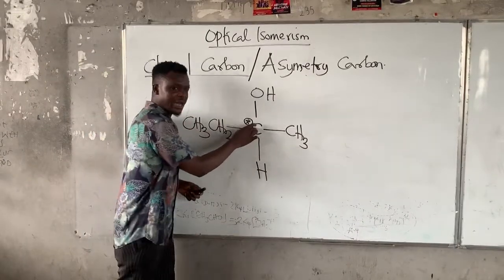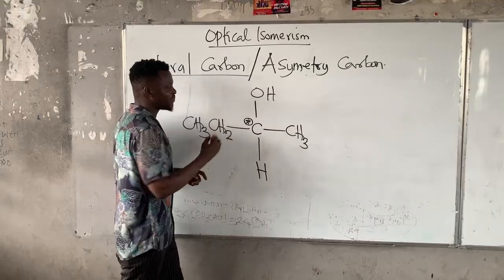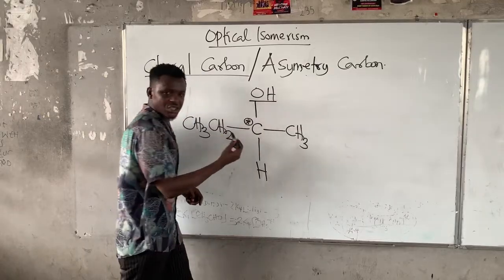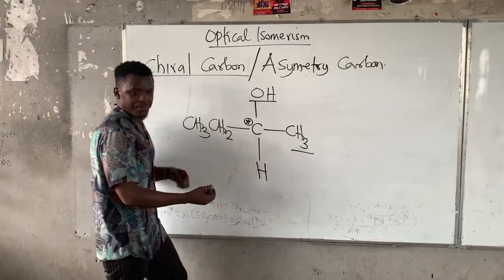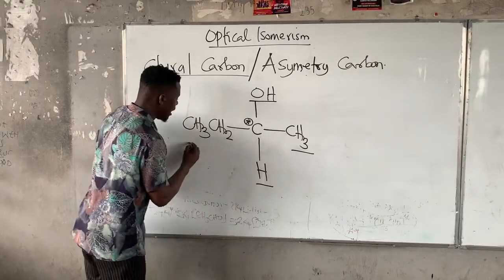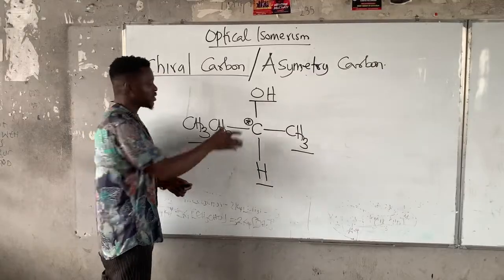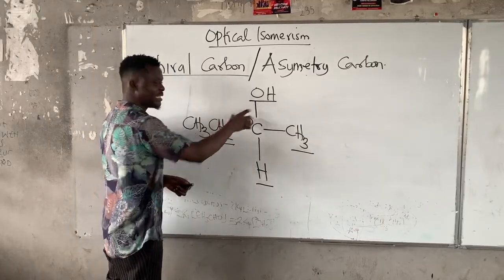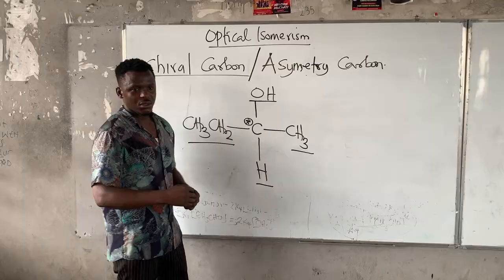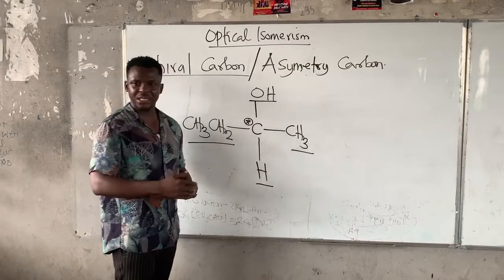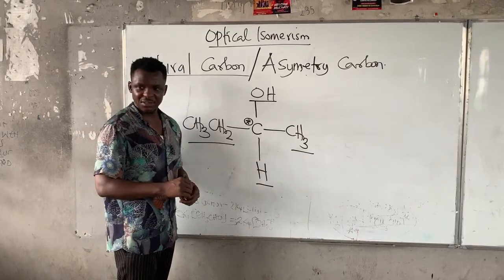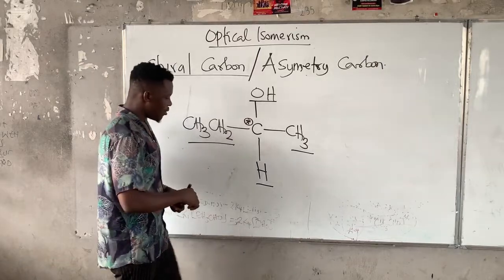However, there is a chiral carbon here because it has 4 different attachments. OH is not the same as CH3, CH3 is not the same as H, and this is not the same as this. So because of this, this molecule is a chiral molecule, also known as an optical isomer.